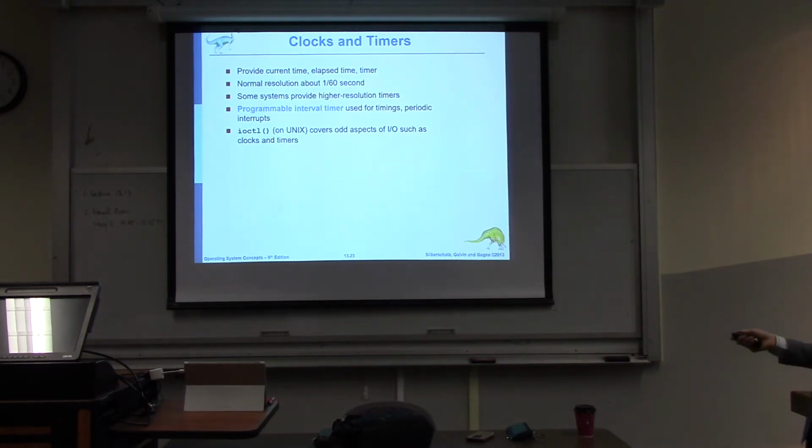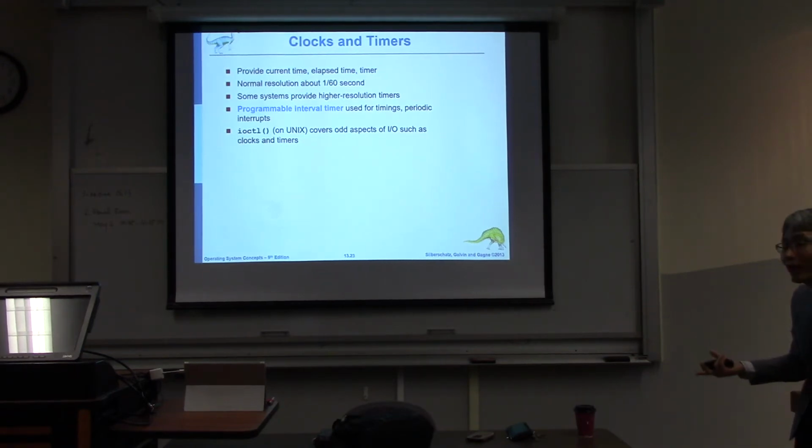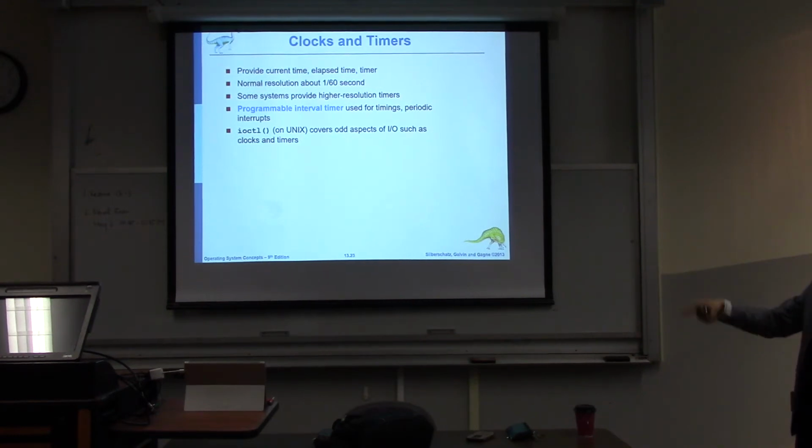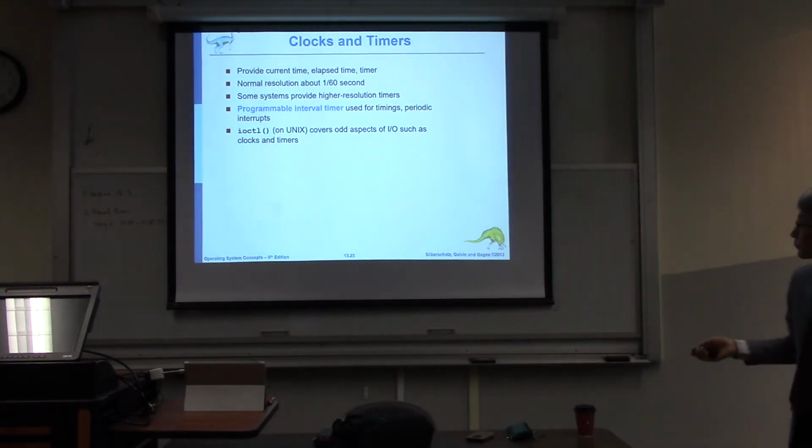Most systems provide a 1/60 second event, which is called the clock. Then we can consider that one is also an I/O device. By using this one, we can calculate if that is exactly 1/60 second. So every 60 times, we will consider this is one second in the clock, something like that.